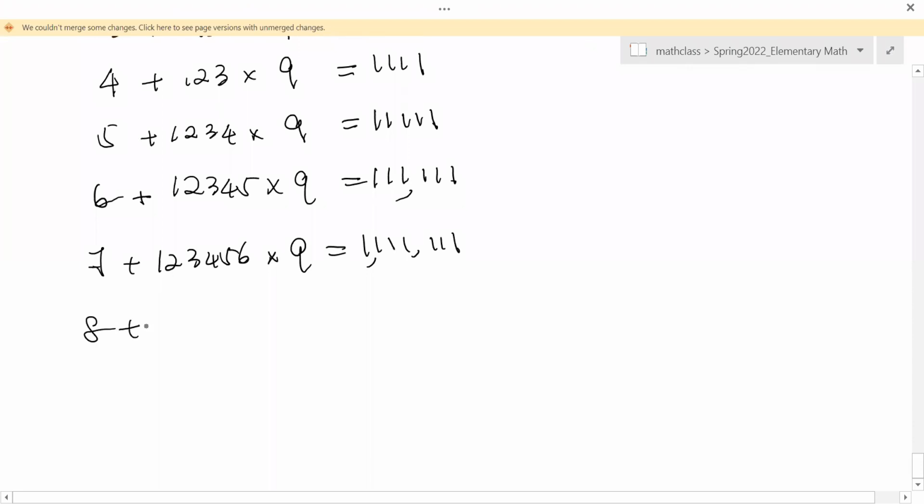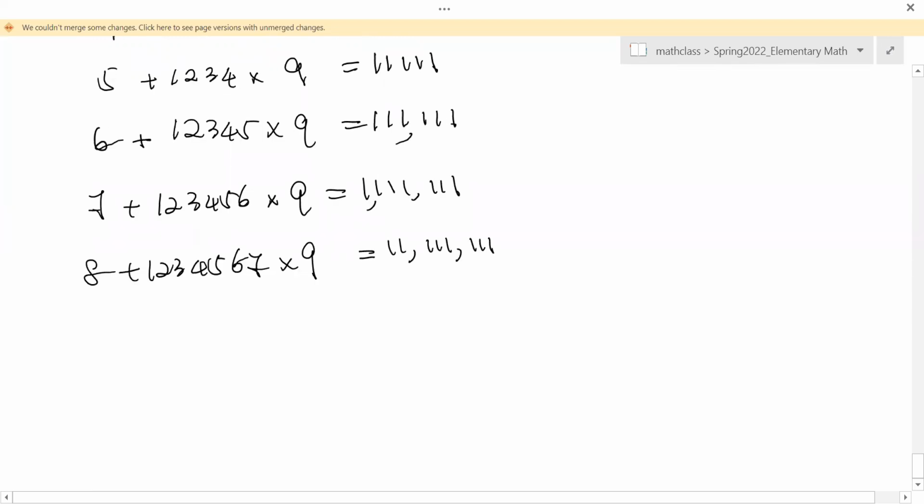And 8, with 1, 2, 3, 4, 5, 6, 7 times 9, you get 8 ones. I think we probably have to stop somewhere because we only have limited digits here. And then 9, with 1, 2, 3, 4, 5, 6, 7, 8 times 9, I should get nine 1s.